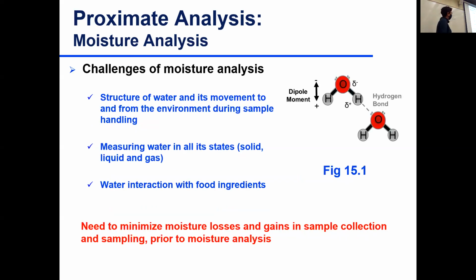Moisture content varies because water can move from the environment to the sample and from the sample to the environment regardless of the temperature. So if there is a drop of water on this table, maybe in 15 minutes it will be dry.